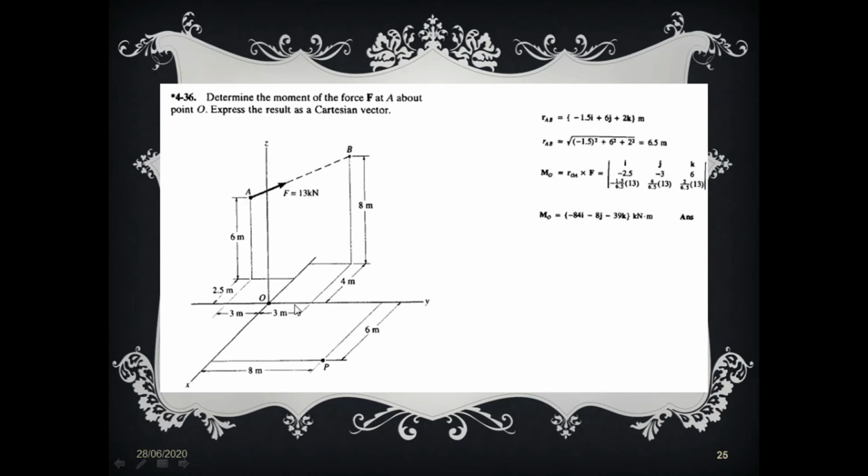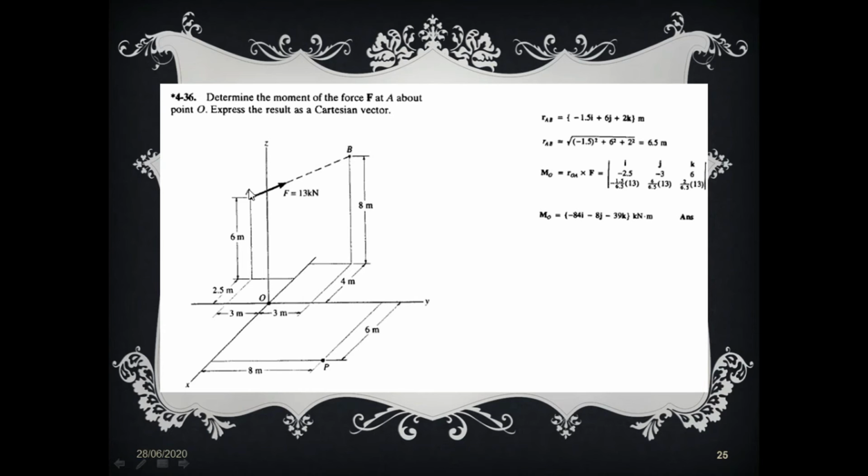If you look at it, we go in the negative x as 4 meter, so it will be minus 4 meter. Then in the positive y it is 3 meters, and the z, if you look at it, is 8 meters. All right, so the coordinates will be minus 4, 3, plus 8.